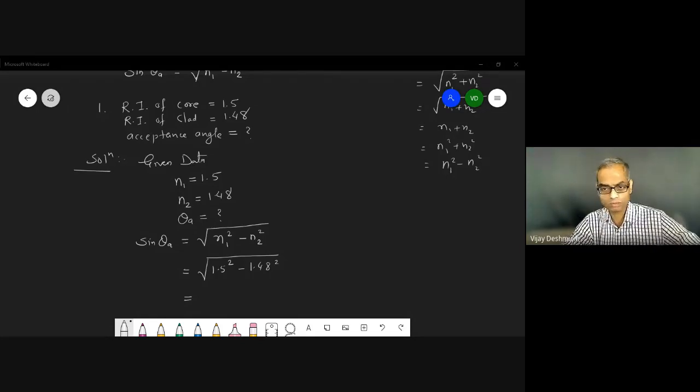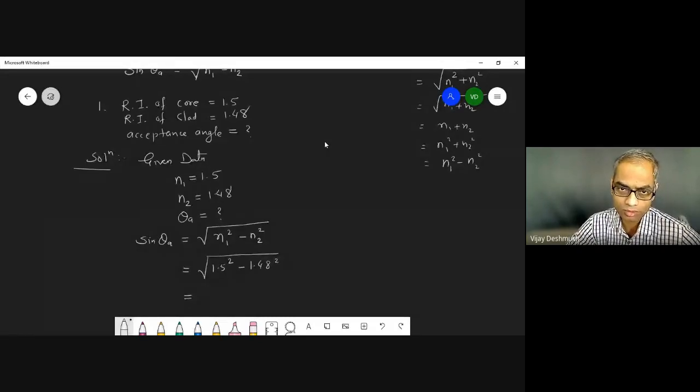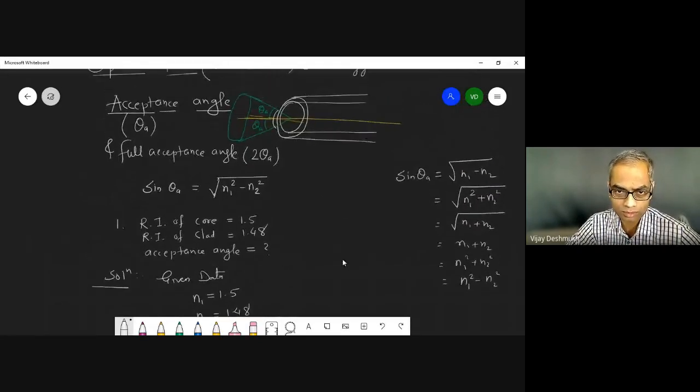For those who have joined late, I will just repeat it. We have this acceptance angle, theta A, and if we take the whole angle, the upper theta A and lower theta A, then it becomes the full acceptance angle. The formula for sin theta A is the square root of n1 square minus n2 square.